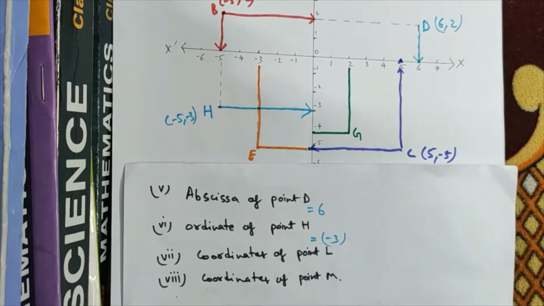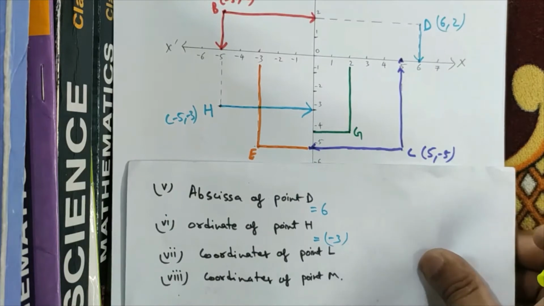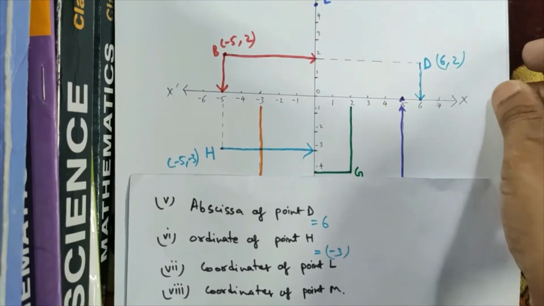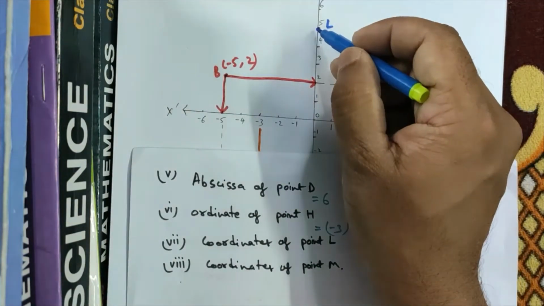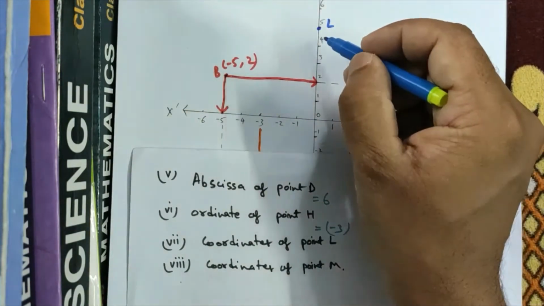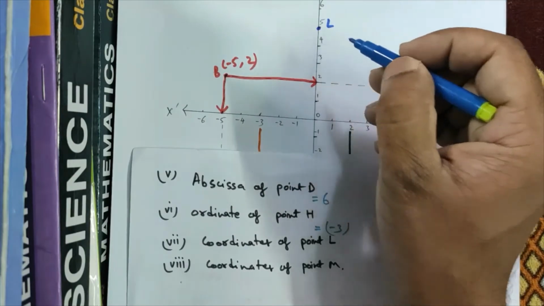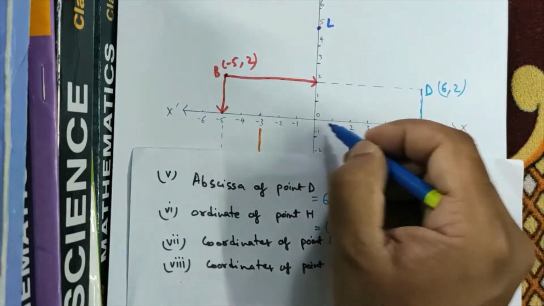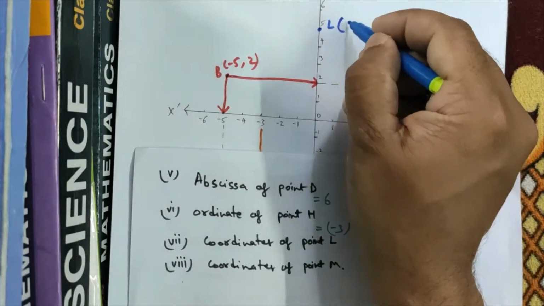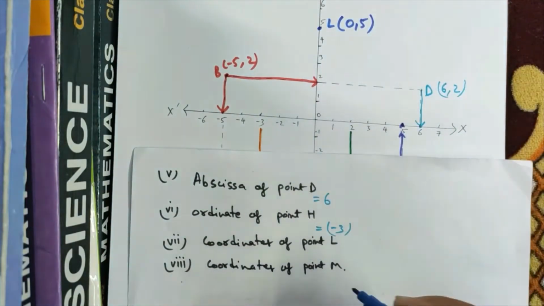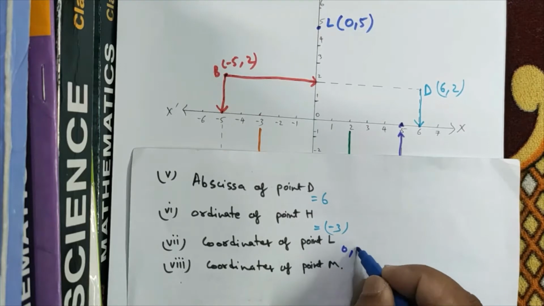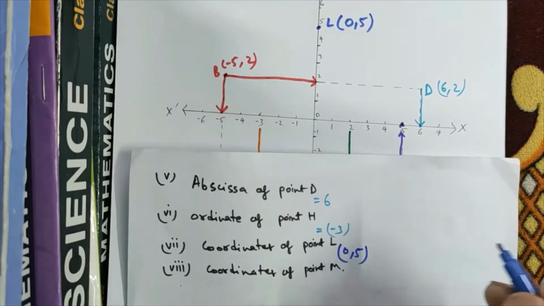Next is the coordinate of point L. This point L is lying on the y axis. So the x coordinate will be 0, and the y coordinate is 5. So the coordinate of point L will be 0 comma 5.